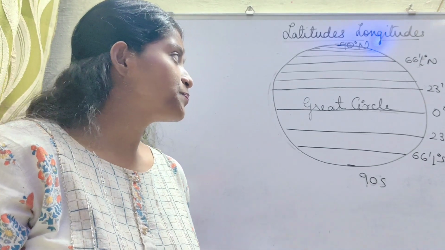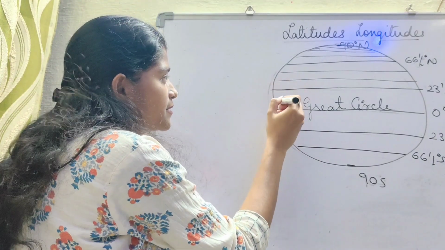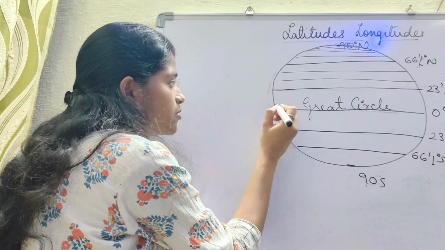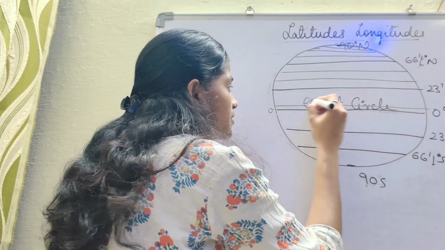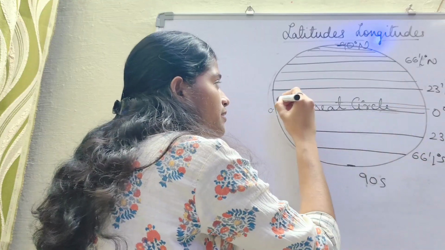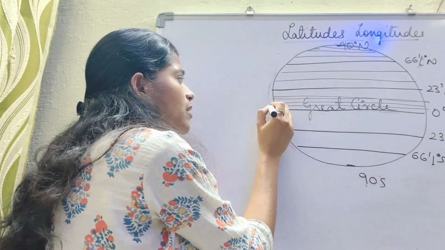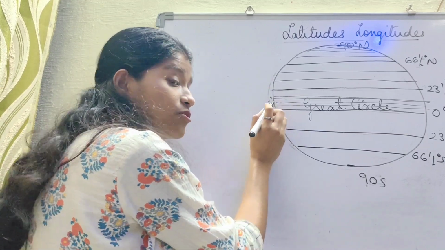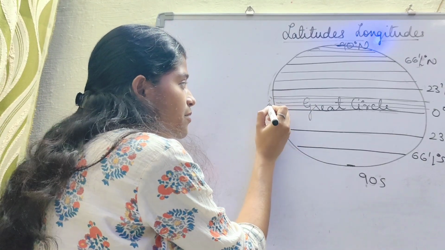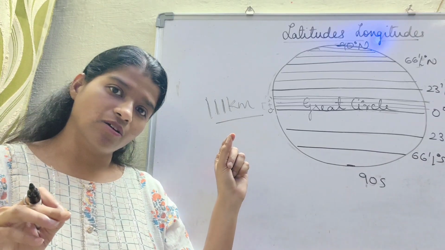One more important thing you should know is the distance. Suppose this is 0 degree; above it there will be 1 degree, then 2 degree, then 3 degree, and it will move on like this. You should know that the distance between each line of latitude is 111 kilometers.